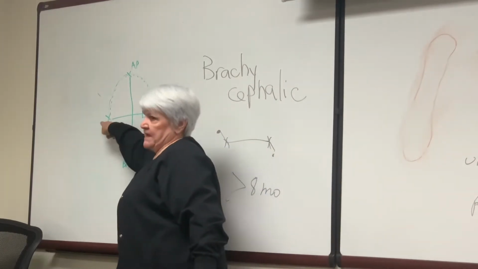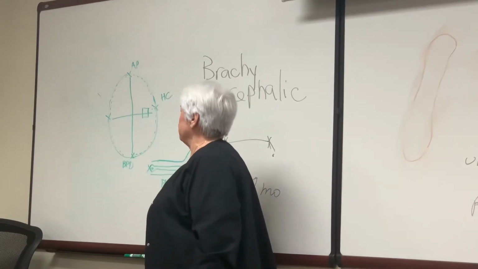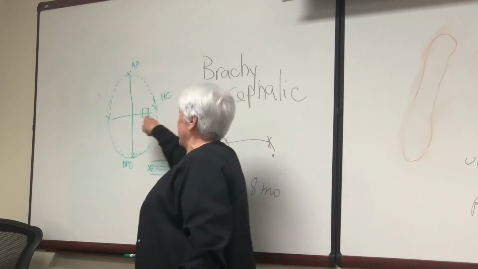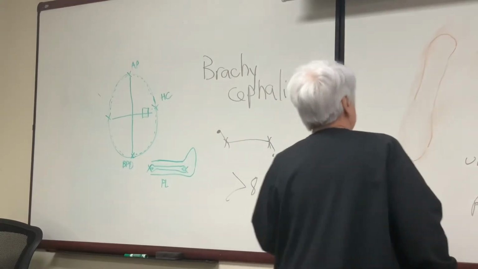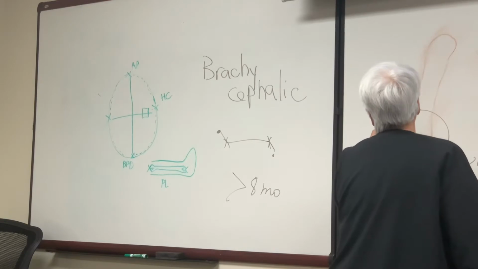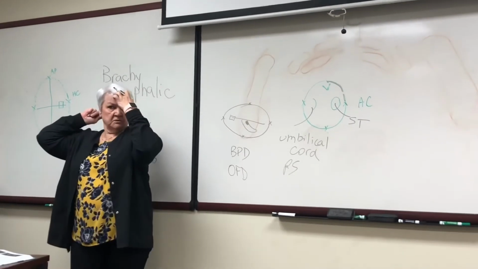She made the baby younger. Okay? She made the baby older and younger. Okay? So, here's the shape of the head, my midline falx, my cavum septum pellucidum, occipital frontal diameter.